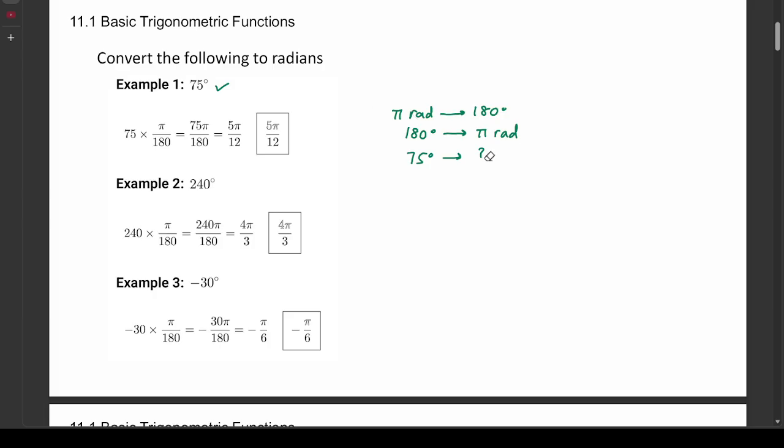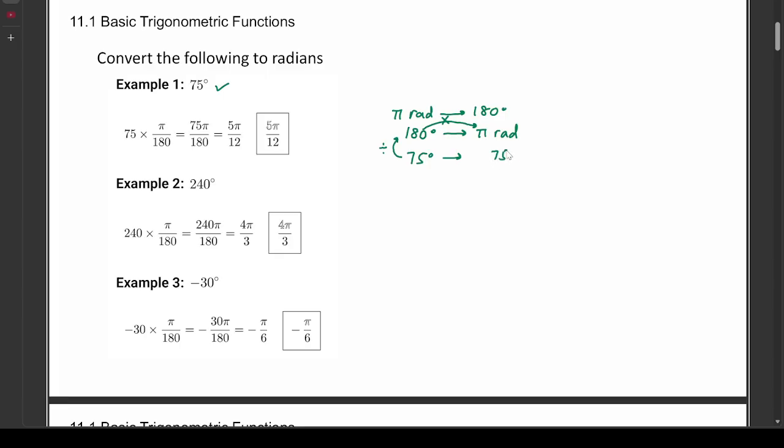So if you have written it properly like this, 180 equals pi radian, then the conversion is very simple. We always divide in the same column and multiply the opposite.